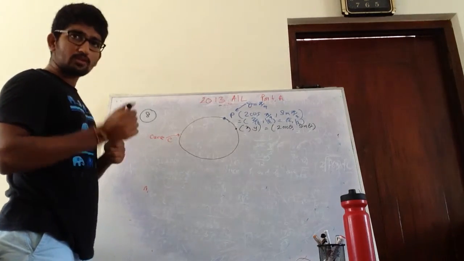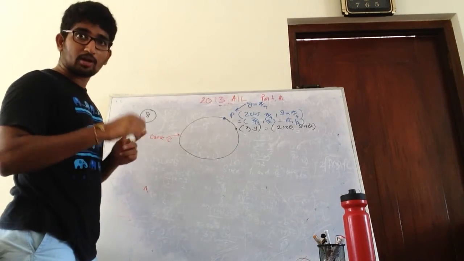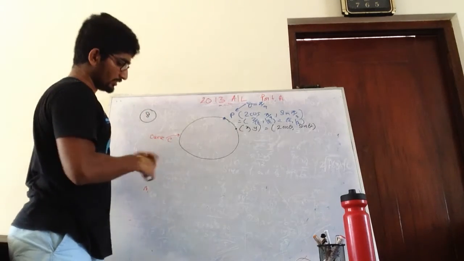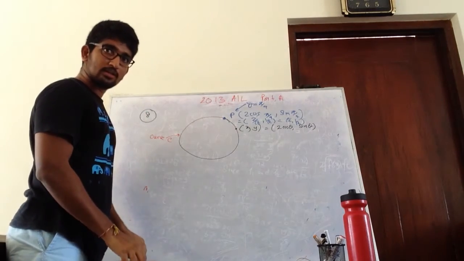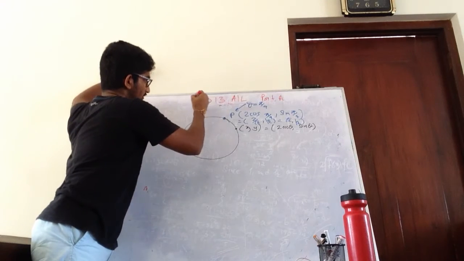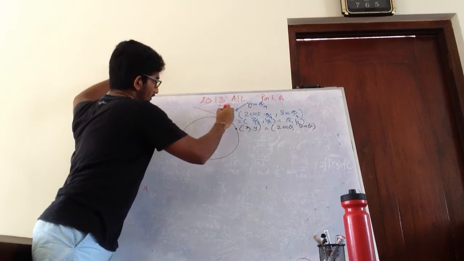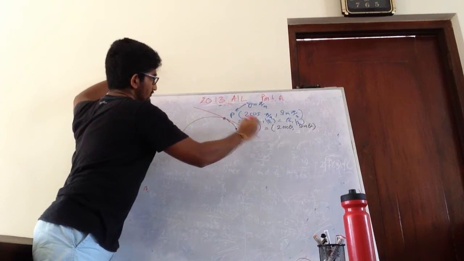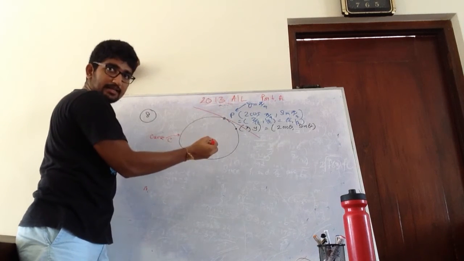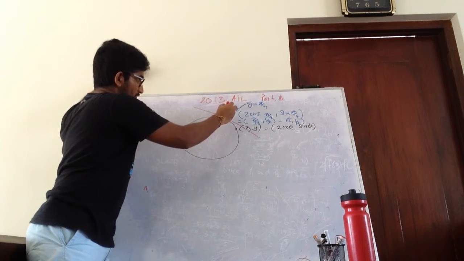So now, how do you get a normal to this? To get a normal, let's first consider the tangent. From that tangent, you get a normal.